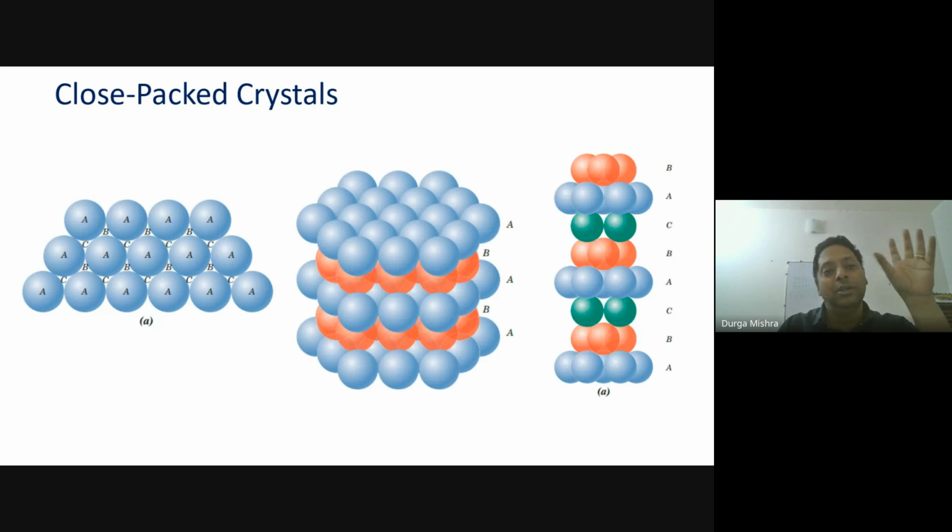So the ABAB repetition is hexagonal close packing, and ABCABC stacking is called face centered close packing. Both have the same packing fraction, but the number of atoms per unit cell, volume, everything will be different.